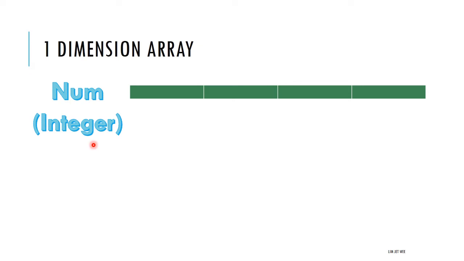If I declare an array of 4, then I will have 4 locations to store values. A variable has only one box to store a value, but with an array I can declare a number of areas to store values, all under the same single name.